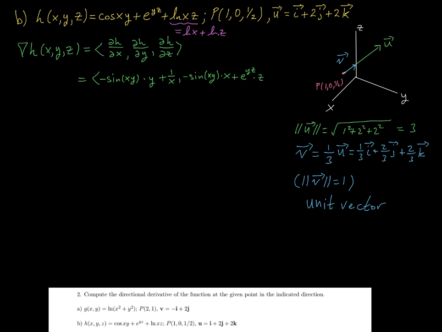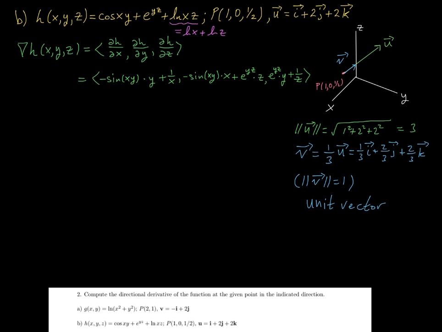And then lastly, the log terms would have a derivative of 0 when I differentiate with respect to y. Last up is the z derivative, so this first portion would be 0. Here I'm going to get e to the yz times y, plus 1 over z. A little lengthy there, but that is our gradient vector.